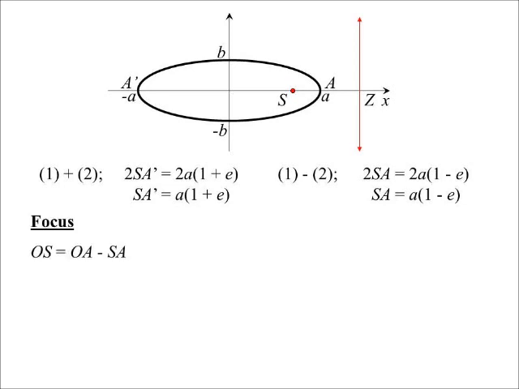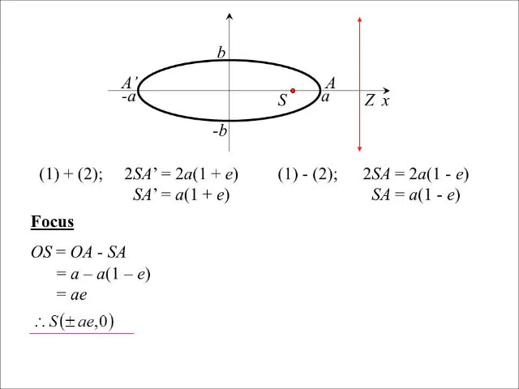So the focus would be from the centre, the origin, to S, but that would be OA minus SA, and we've now worked out an expression for SA, and the distance from O to A is of course just A, and it comes out quite nicely. So the coordinates of the focus is simply (Ae, 0), the eccentricity times whatever the x-intercept is.